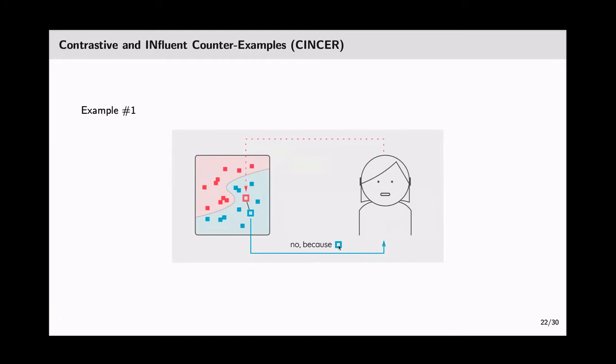In this case, the machine selects a highly influential blue example that supports the machine's prediction, in this case this example, and this is shown to the user. By providing this counterexample, we highlight an inconsistency in the data, and the user can correct this example by saying that it is blue.